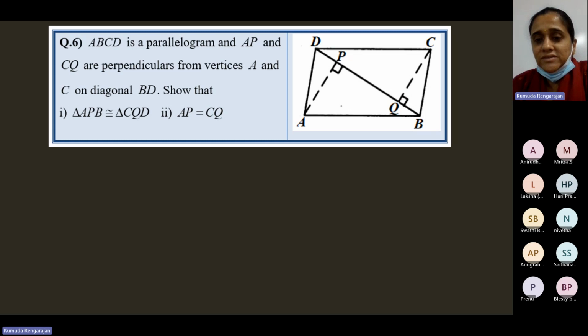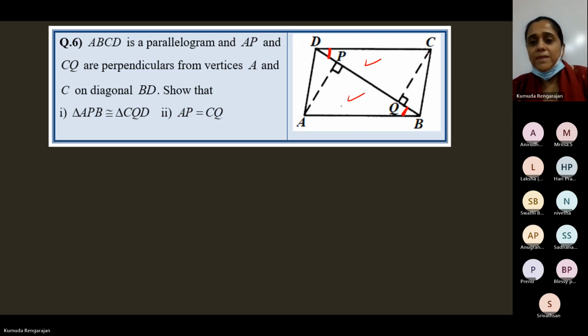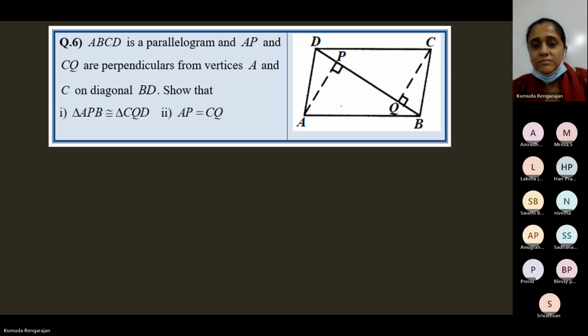So this angle of this triangle is equal to this angle of this triangle because they're alternate angles. Parallel line, transversal, parallel line. Alternate angles are equal. See, this is one triangle.